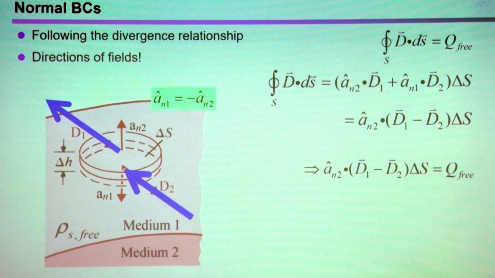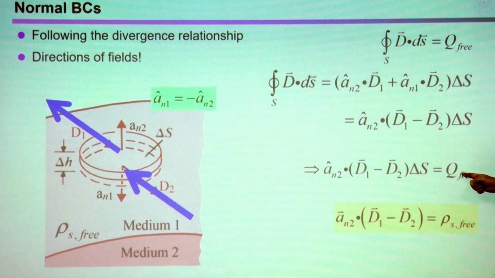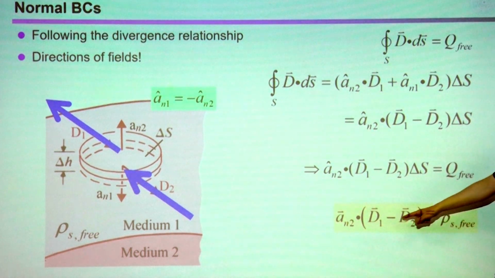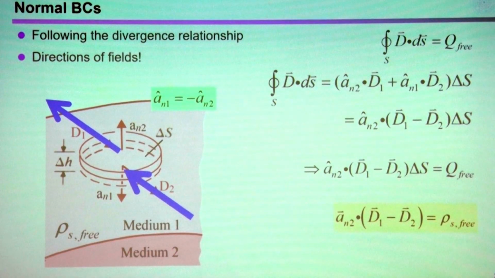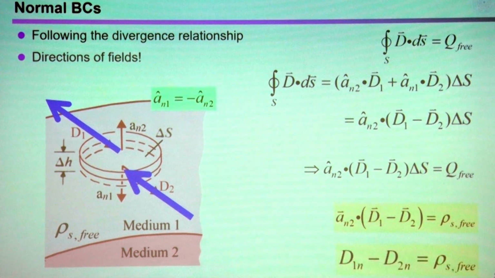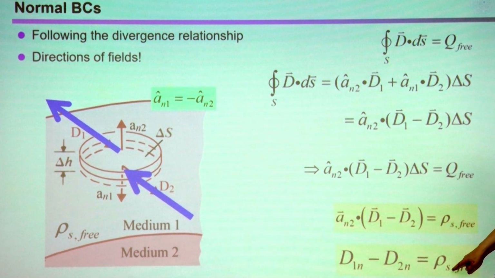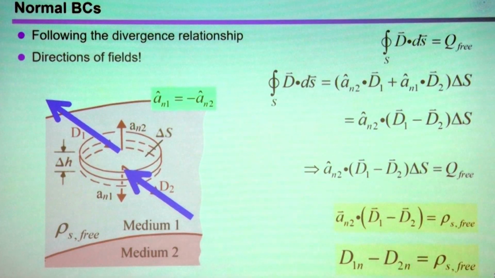So in the end, this is telling you, if you have free charge density at the surface of the interface, you would have different flux density.